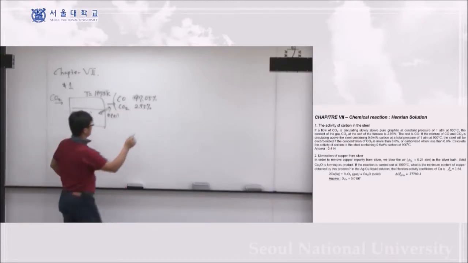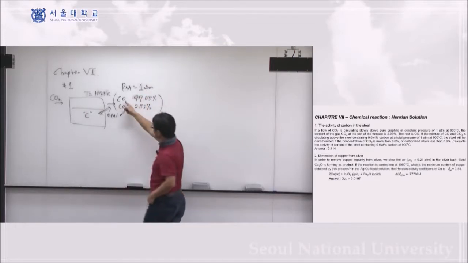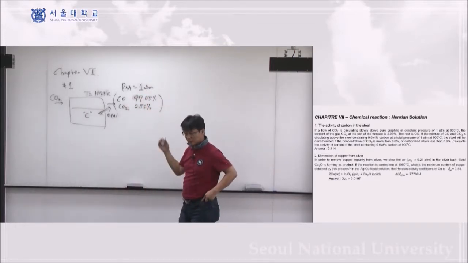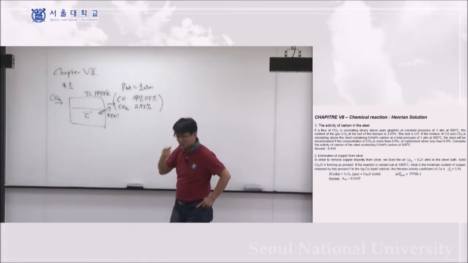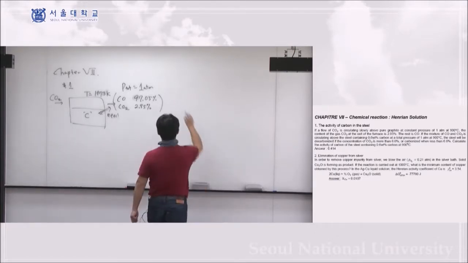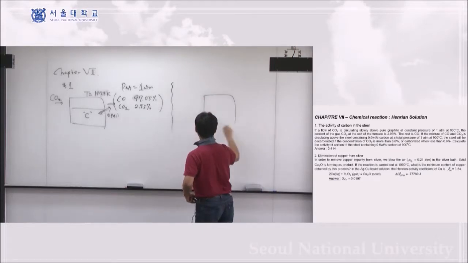P total is 1 atm. So I know the fraction of each gas phase and the total pressure, which means I can calculate the partial pressure of CO2 at 900 degrees Celsius against carbon.